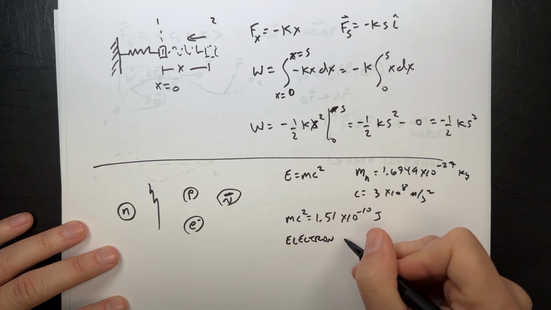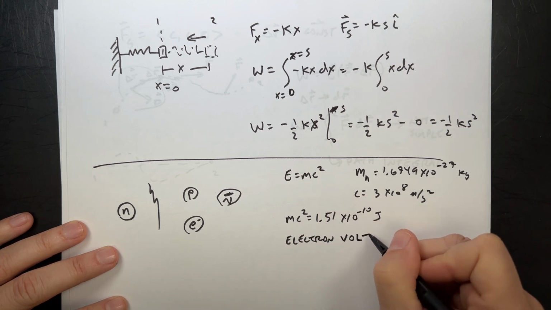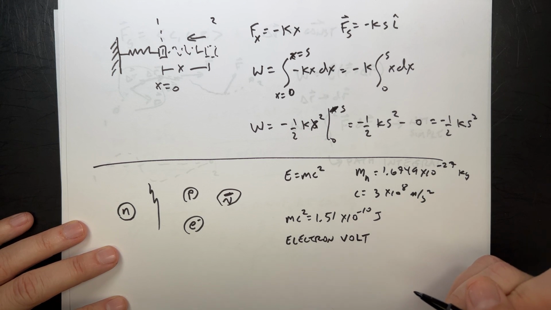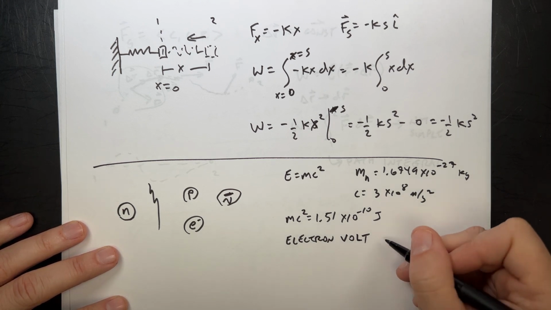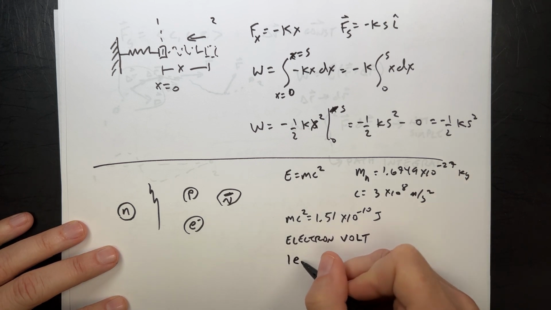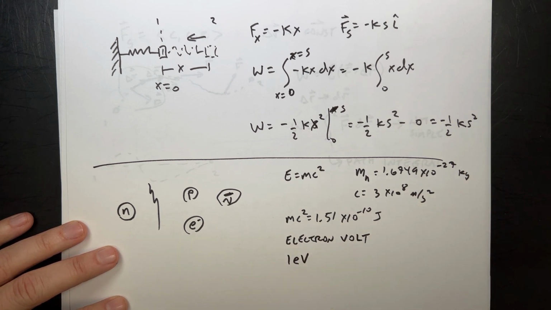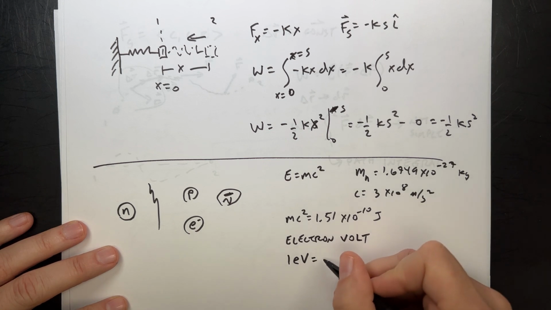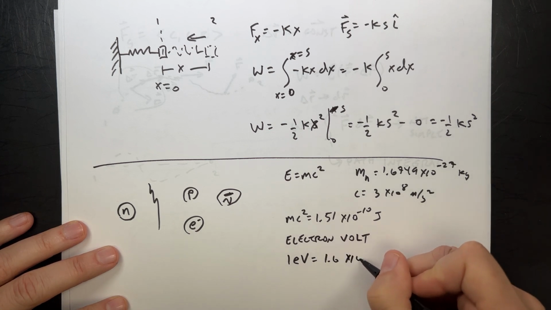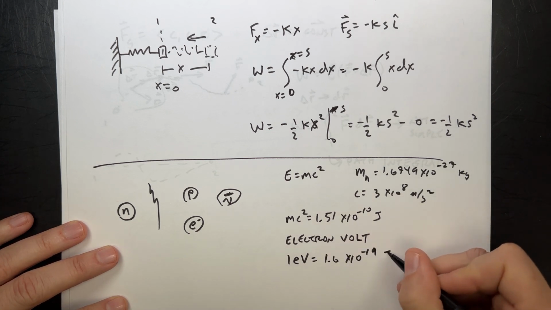And it sounds cool too. Electron volt, it's technically the energy one electron gets by going through 1 volt of electric potential difference. And we use eV for that unit, 1 eV, and it is equal to 1.6 times 10 to the negative 19th joules.